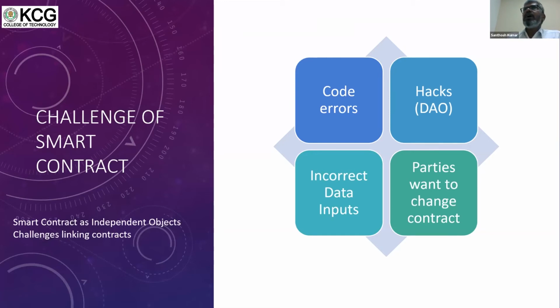And the other part of the challenge is, have you ensured that the developer validates the data? As I said, garbage in, garbage out. And the challenge with the blockchain is that once you initiate a transaction, because it is immutable, smart contracts can't be changed. Changing the smart contract terms and conditions is a very costly process and usually not allowed.